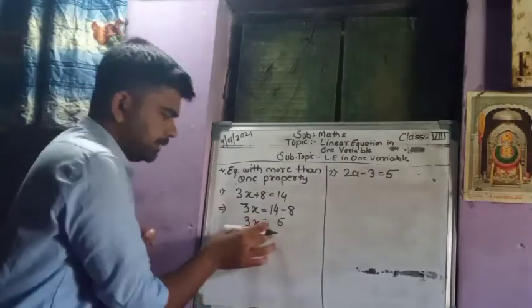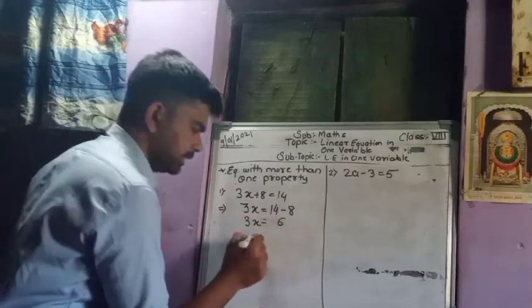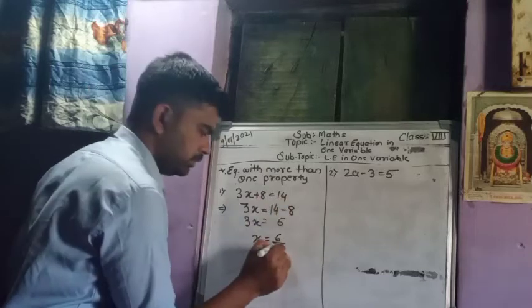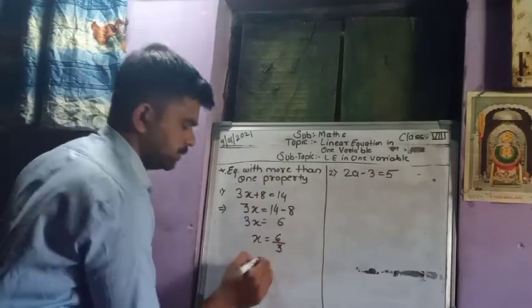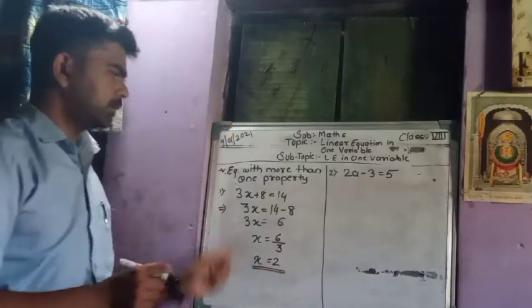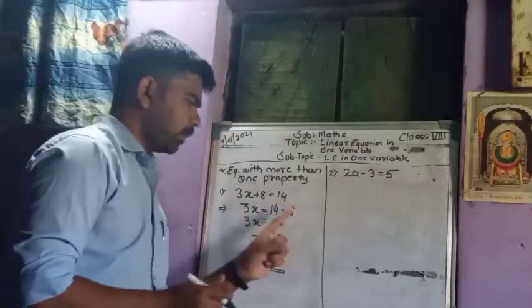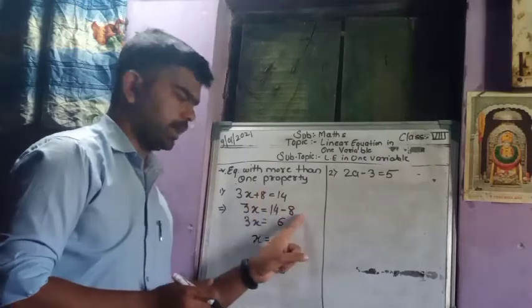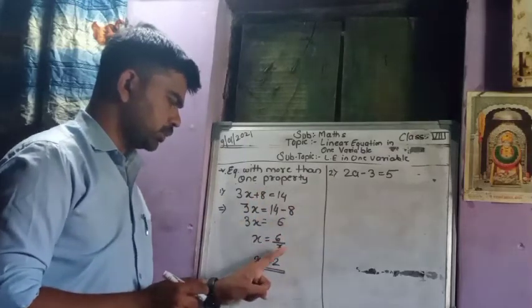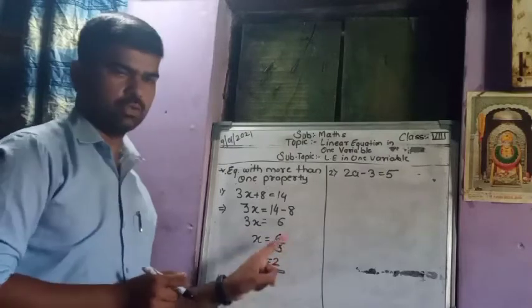It is again a multiplication, so when we take the multiplication value to the RHS, we have to take it as divide. So we get x equal to 2. Here we have used two properties. First property is transpose of 8 from plus to minus, and then transpose of 3 from multiplication to division.